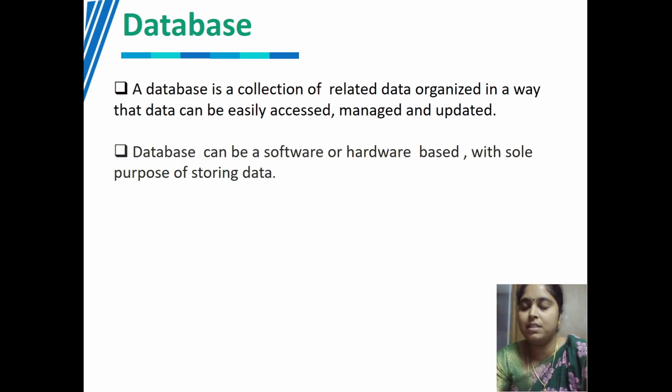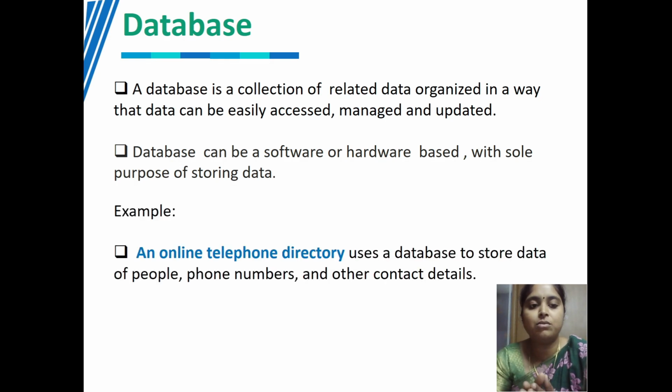A database is a collection of related data organized in a way that data can be easily accessed, managed, and updated. A database can be software or hardware based, with the sole purpose of storing data. For example, we discuss two examples. Take an online telephone directory.